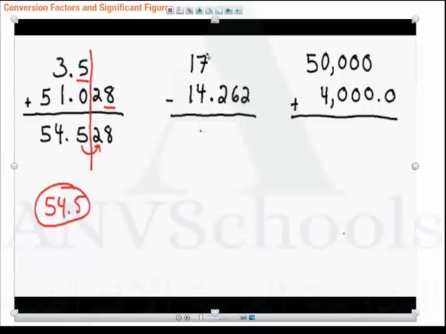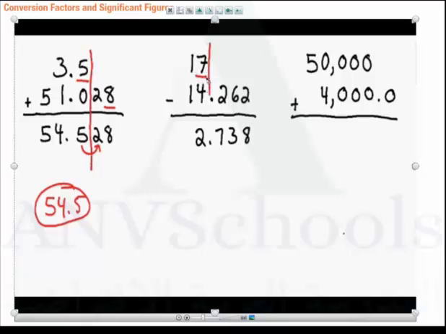The next example, when you are dealing with subtractions, it will also be the same thing. We are having here 17, and in 17, for significant figures, it has to be with the number 17, which has 1 unit.